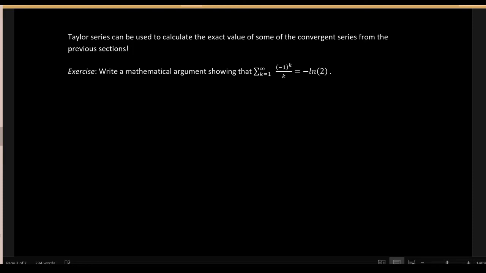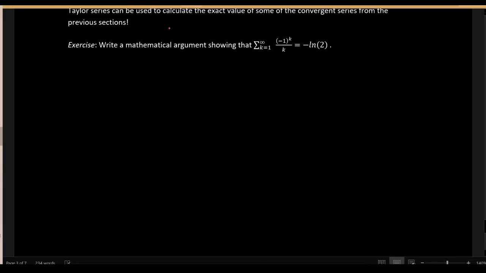And we want to show that this is equal to the natural log of 2. So I'm going to start with the sum as n goes from 0 to infinity of x to the n is equal to 1 over 1 minus x. What I'm going to do is I'm going to take the antiderivative of both sides.